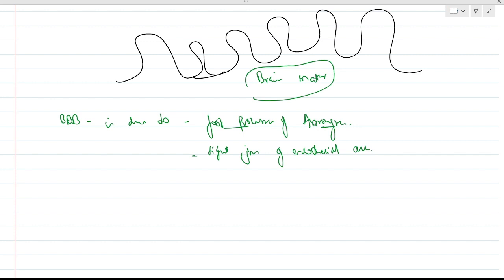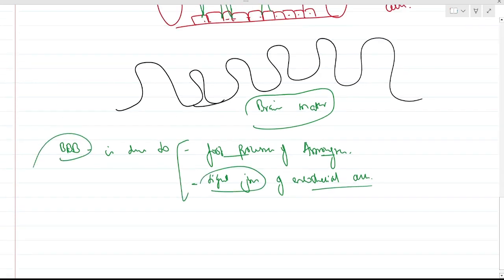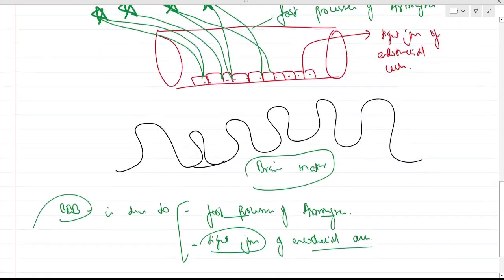This was the function of astrocytes in the blood-brain barrier.